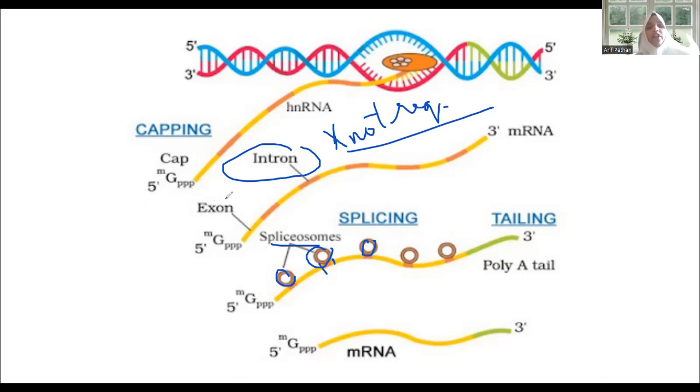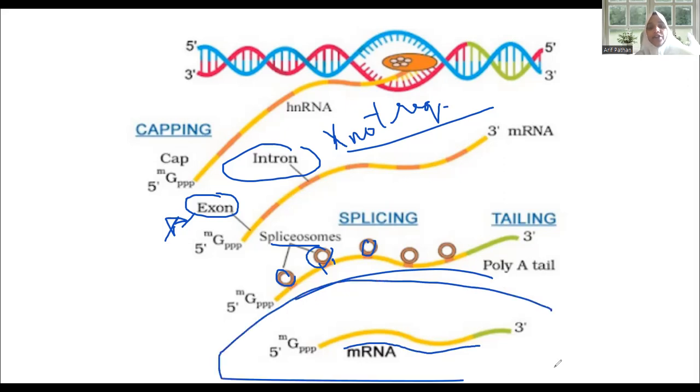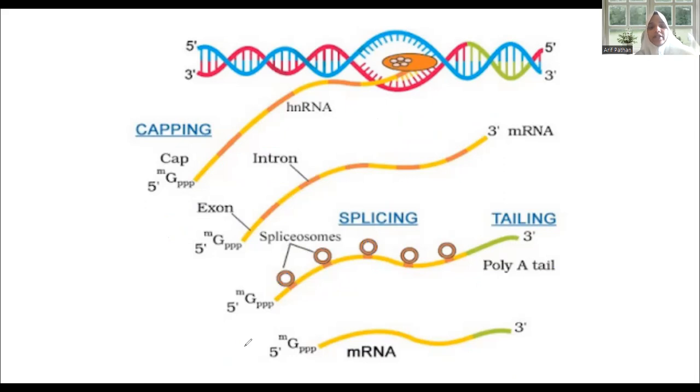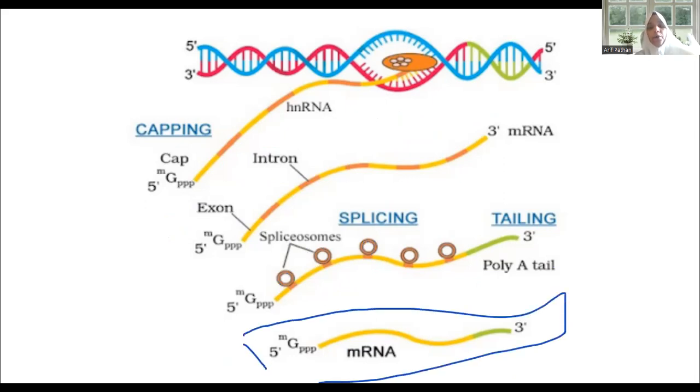Now you are left only with the coding sequences which have the information to make the protein, which are your exons. You are now remaining only with your yellow part, that is the exons. This is your functional mRNA. Now this is ready to be transported into the cytoplasm where protein synthesis will take place. Clear? So capping, splicing and tailing.